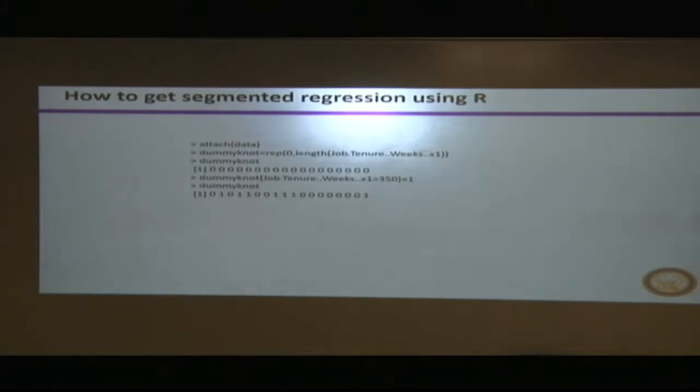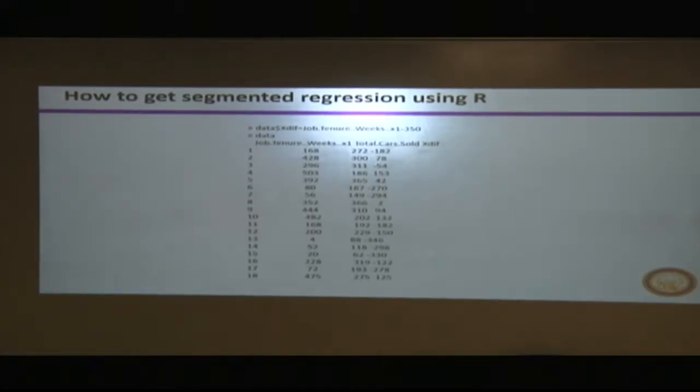And then I set a vector, a 0 vector, and I set the name of the 0 vector as dummy. And if the job tenure is greater than 350, then I set 0 to 1. So this is our new dummy vector here.